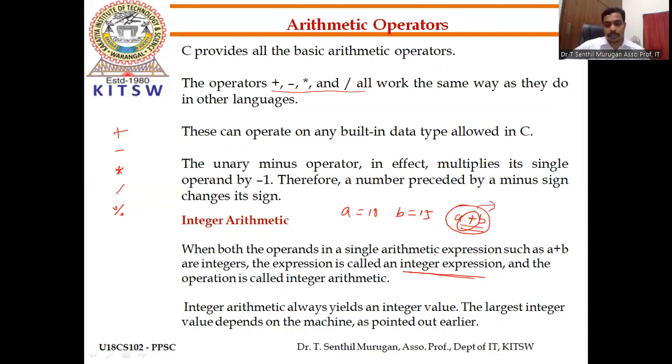Integer arithmetic always yields integer values. The largest integer value depends on the machine. As we already said, it is 2 bytes or 4 bytes, machine dependent. If it is 4 bytes, the largest value may be larger.